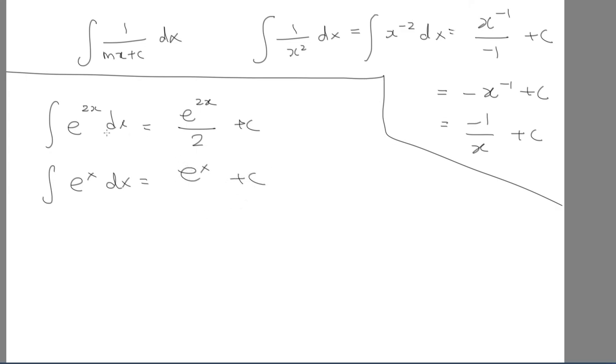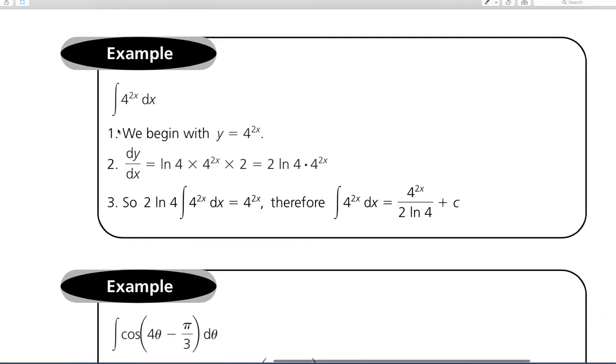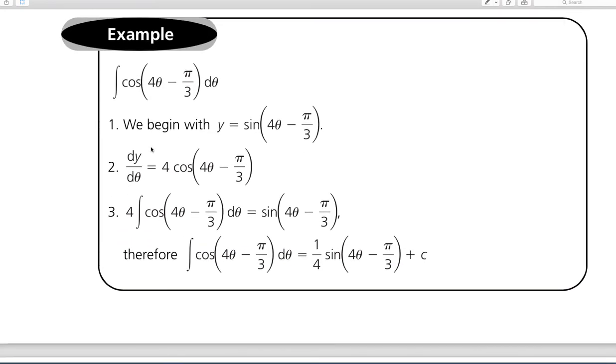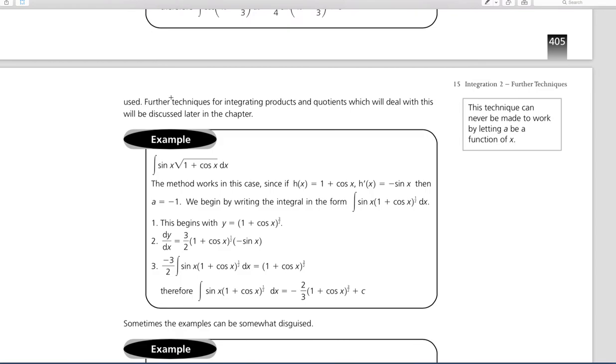So, therefore, you just do it as if it's just this, which is this one here. And then, because it's 2x, you just have to divide by 2, which is differentiation of the bracket. So that's really simple. We're going to skip this one. You can try that as well on your own.